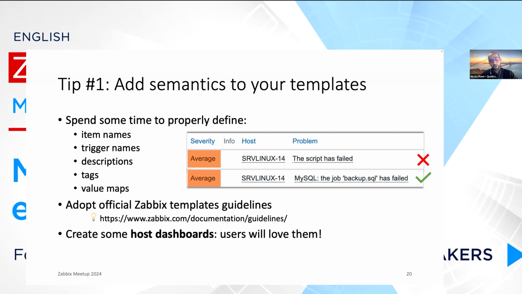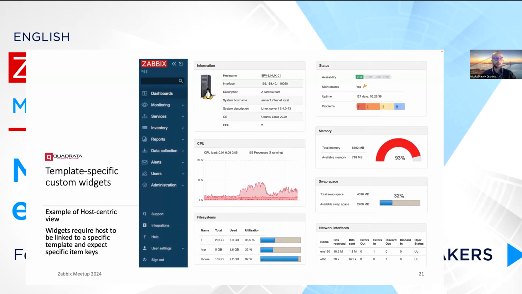And a special mention is for host dashboard or templated dashboard. This is an example of a host-centric view for a server. This dashboard was developed as a set of custom widgets which are missing in Zabbix. Why?